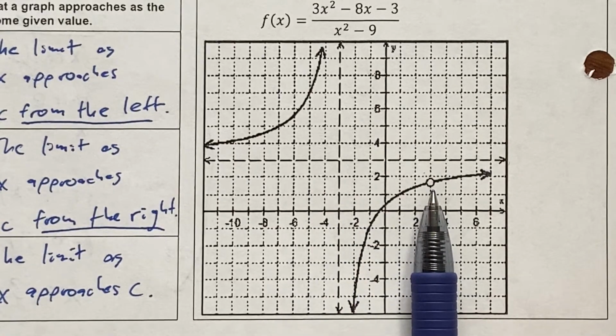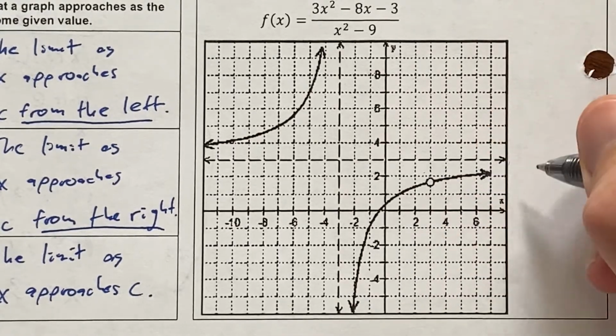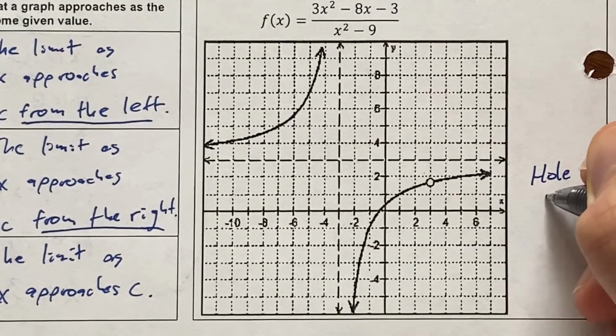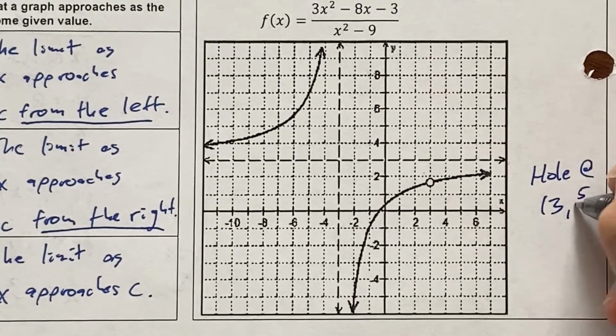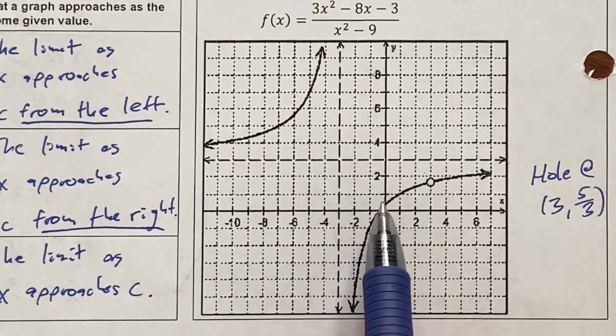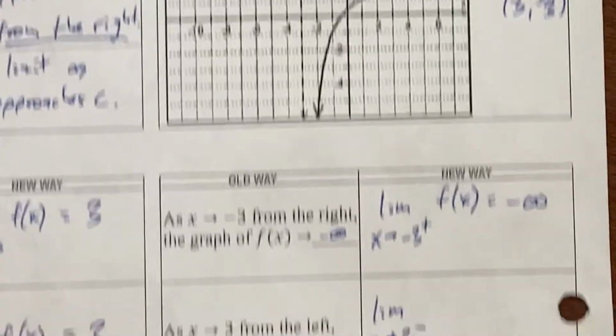What is my y value going to be? Well, on the previous problem, we said that the hole was at 5/3 or 1.66666. So my y value right there would be 5/3. So as we're coming from the left, we get closer to 5/3 right here.